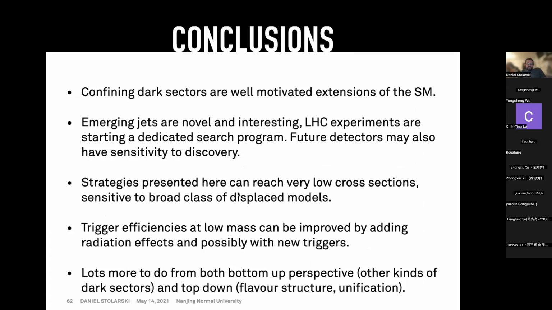Trigger efficiencies at low mass can be improved by adding radiation effects and possibly with new triggers that use machine learning. And there's lots more to do, both from a bottom-up perspective, such as other kinds of dark sectors, and from a top-down perspective, thinking about the symmetries of the flavor structure or symmetries of the gauge structure and unification, etc. So thank you very much.